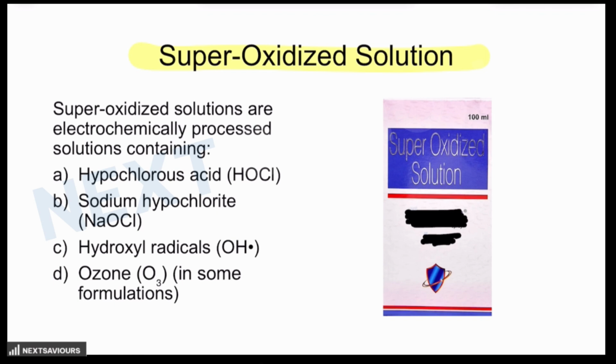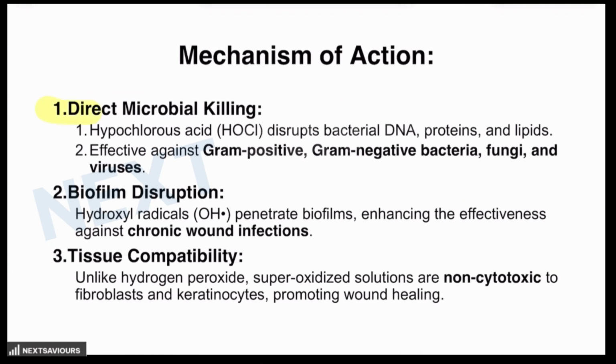Now, superoxidized solutions are electrochemically processed solutions which consist of hypochlorous acid, sodium hypochlorite, hydroxyl radicals, and in some formulations even ozone. The mechanism of action is direct microbial killing. Hypochlorous acid disrupts the bacterial DNA, protein, and lipids. It is effective against gram positive, gram negative bacteria, fungi, and viruses.